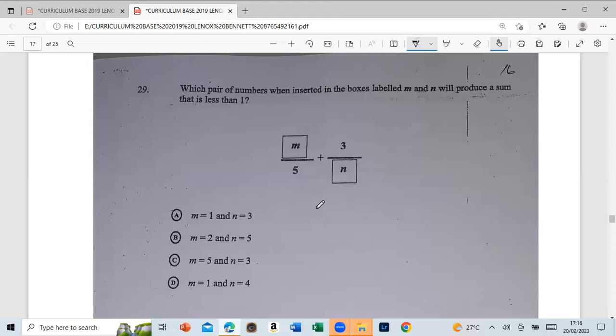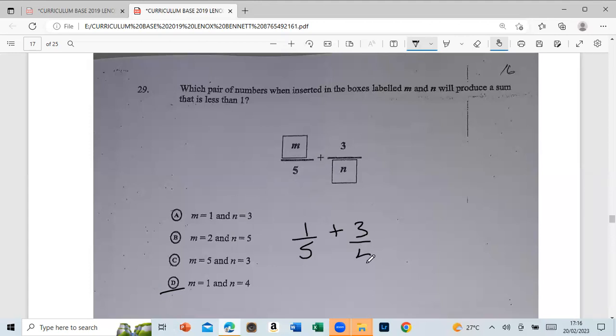Alright, if we try, first of all, we can look at part N. If it's a 3, that will give 1 already. So that will be 1 also. 3/5 is not bad, but 3/5 plus 2/5 is 1. So is that not less than 1? It's D. So it's 1/5 plus 3/4.